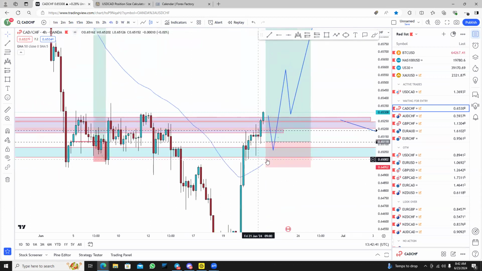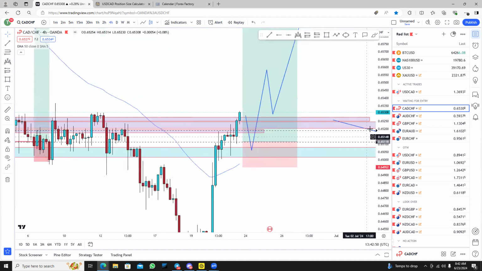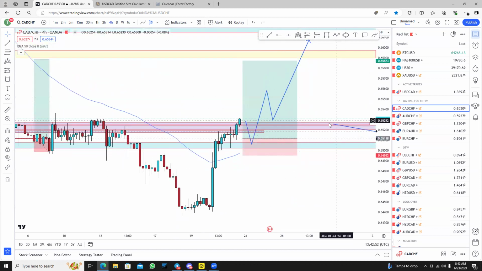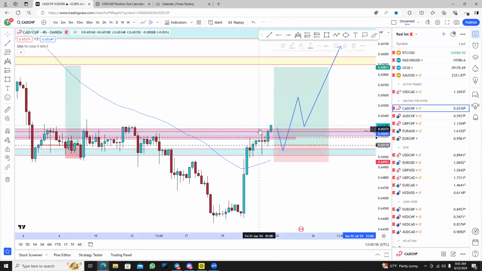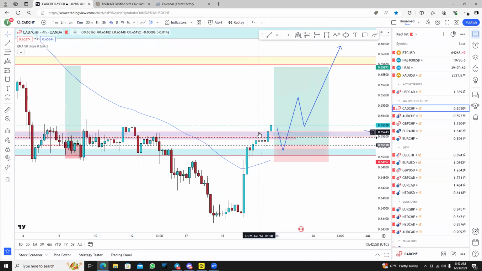And this weekly area of interest, I want to see this EMA come in here and reject. See this one go long. I'm actually gonna delete these ones.